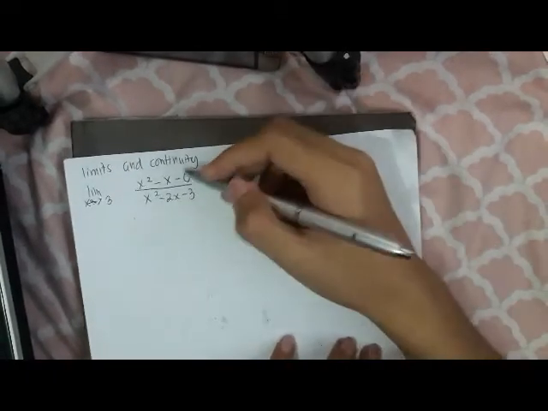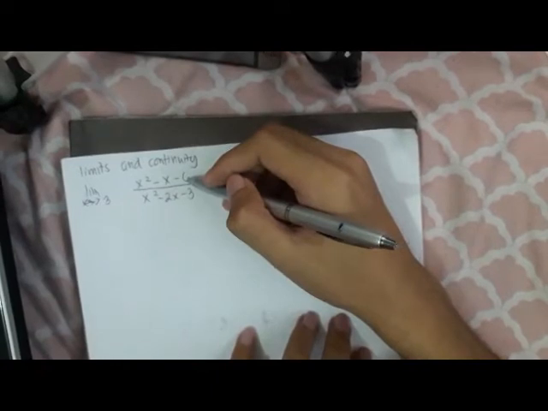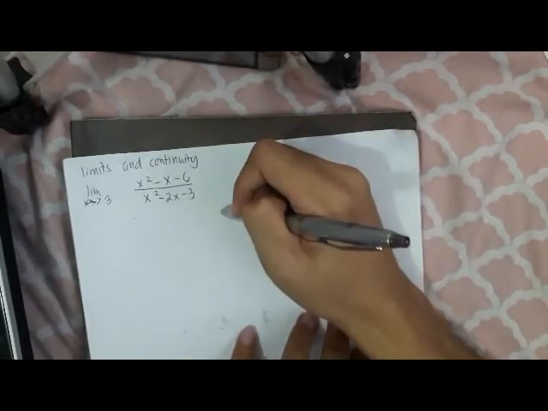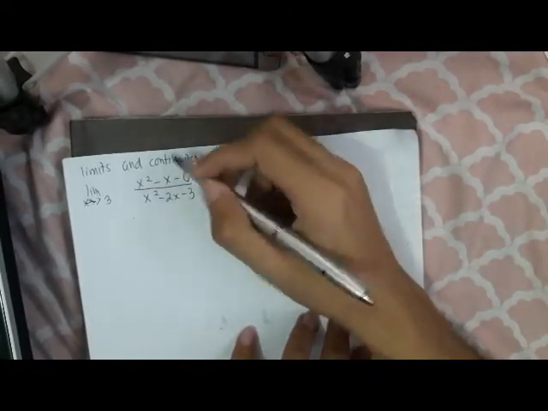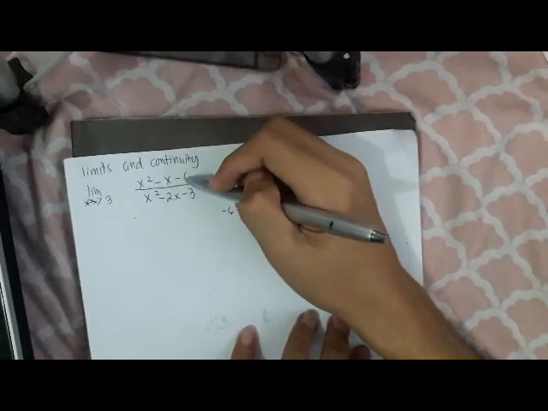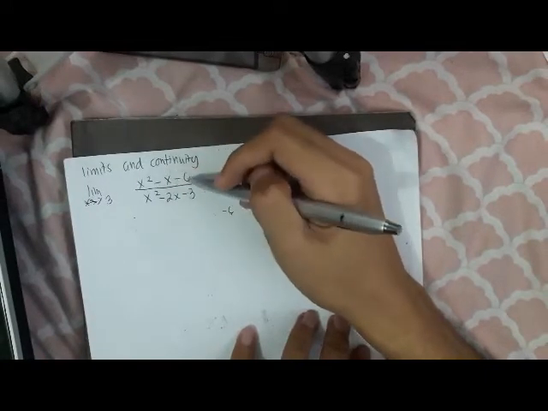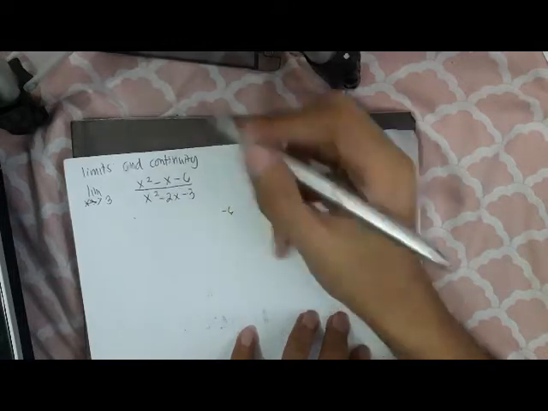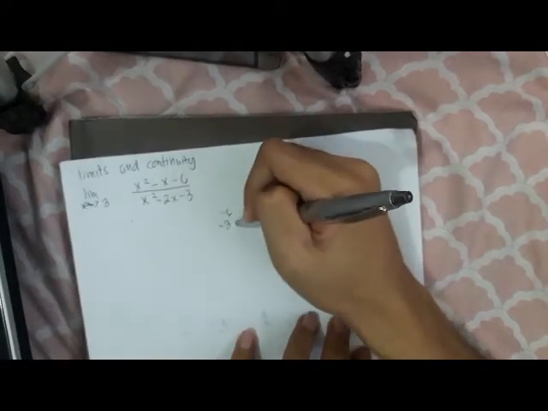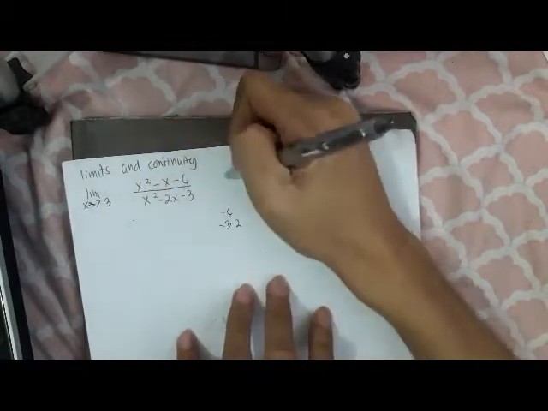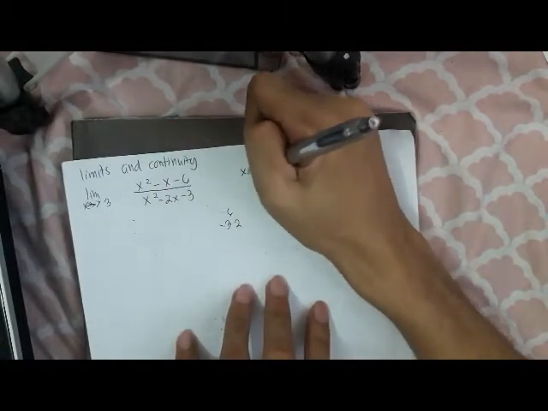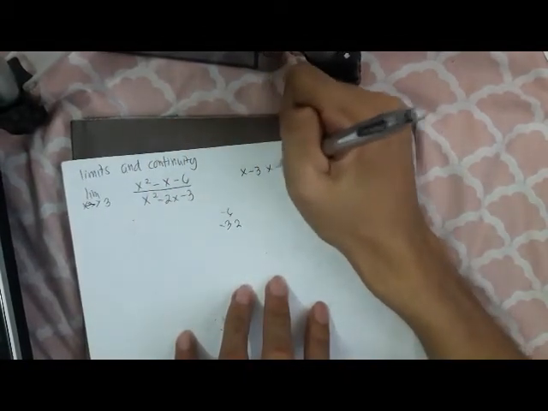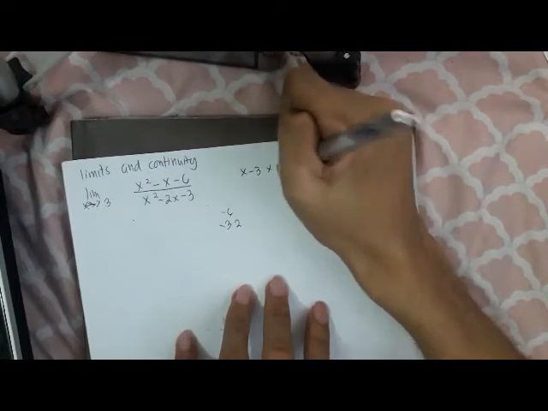Sa numerator, pwede natin ma-factor ang numerator, which is, hanapin natin ang factor niya which is multiple of negative 6 na i-add ay magiging negative 1, which is negative 3 and 2. So, factor natin ang numerator: x minus 3 times x plus 2.